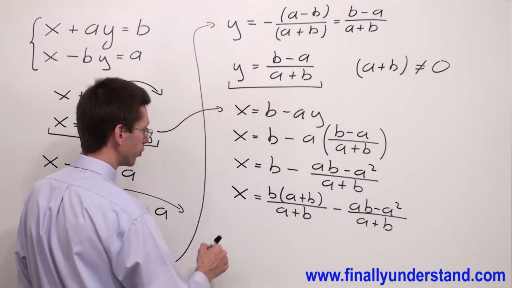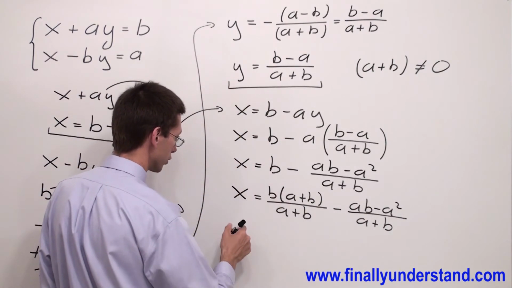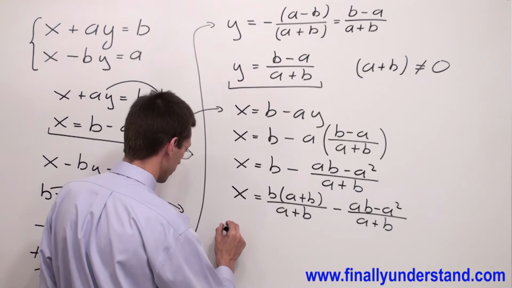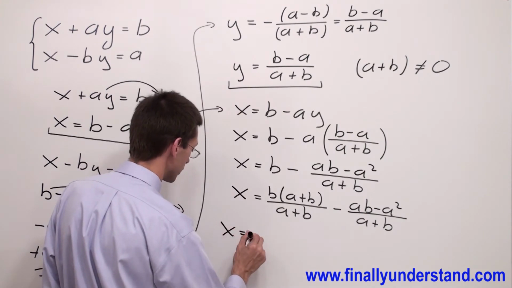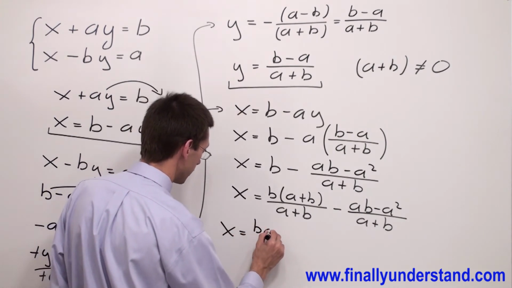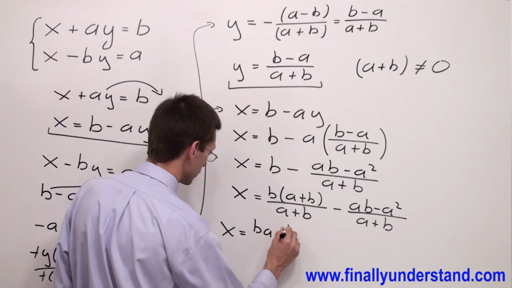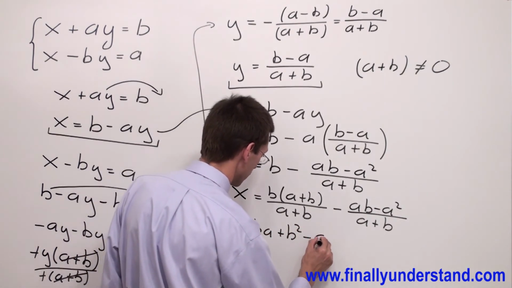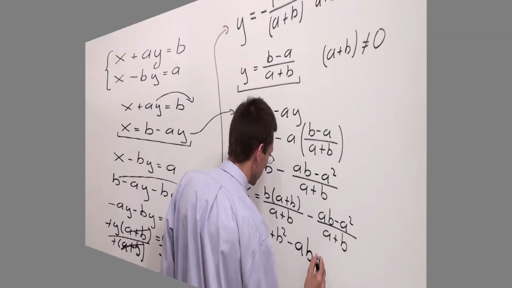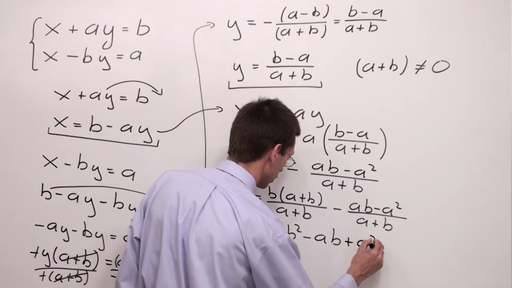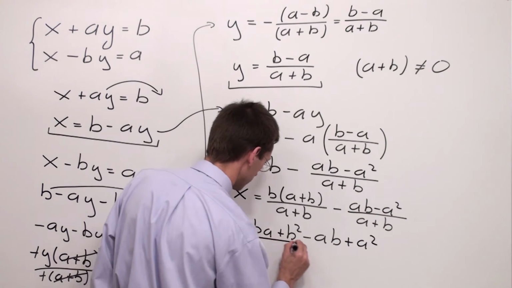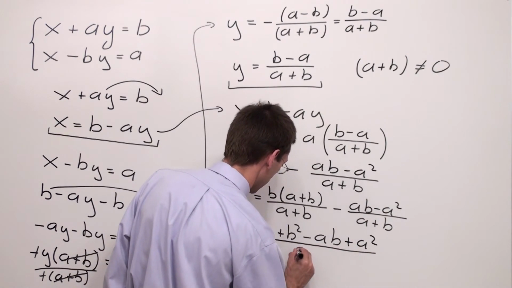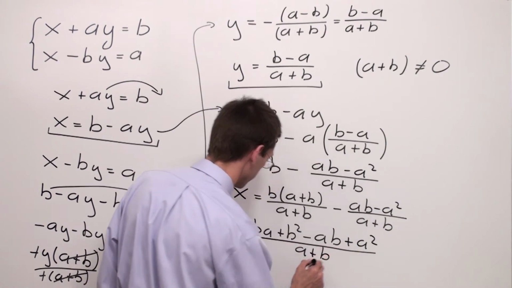Next, I'm supposed to perform the multiplication, and I'm going to have x equals ba plus b squared minus ab plus a squared. Everything is over a plus b.